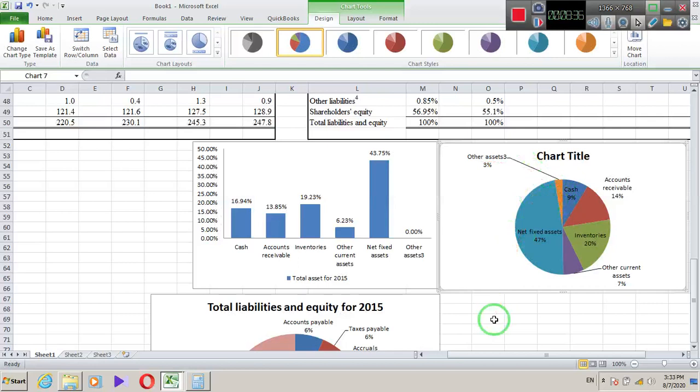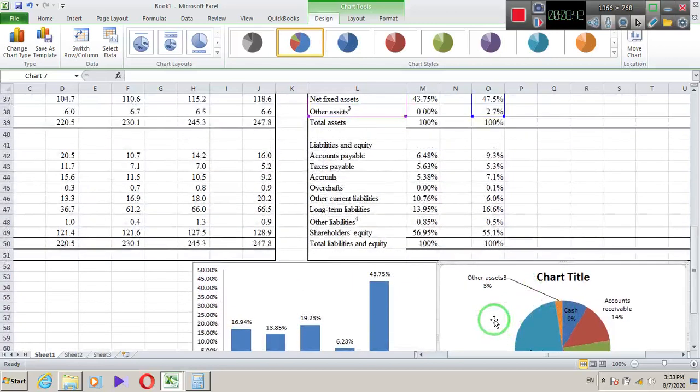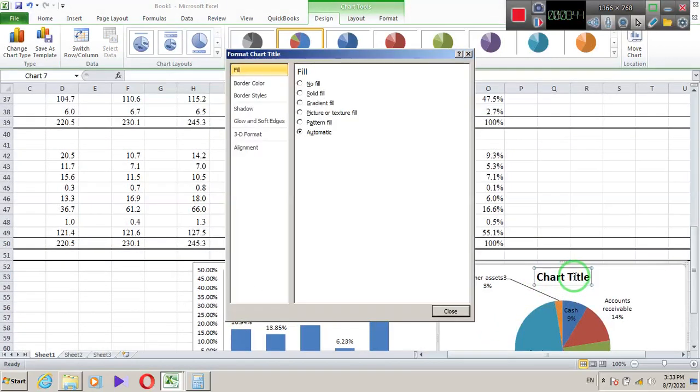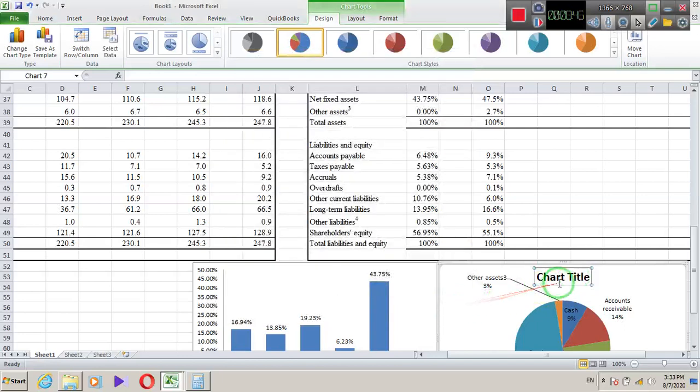So that is the representation of this diagram that we interpret, this chart. So we will put only 2016 in this.